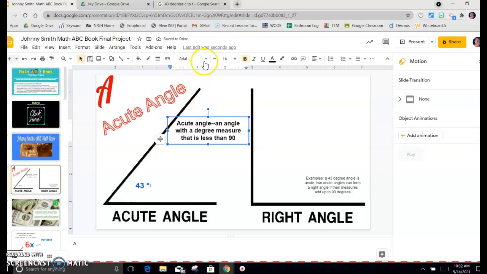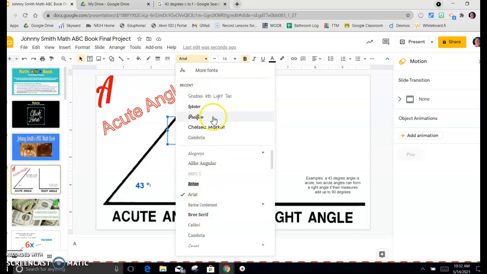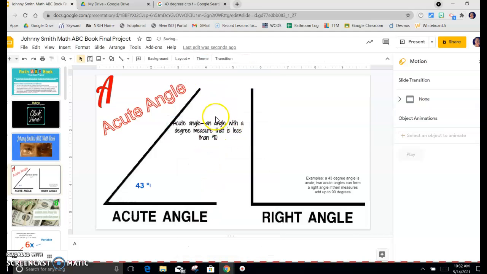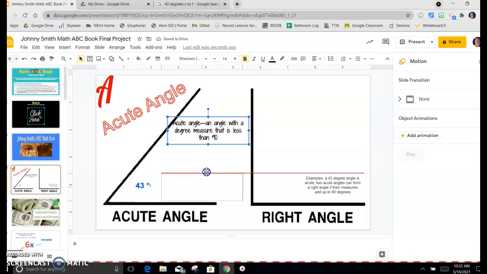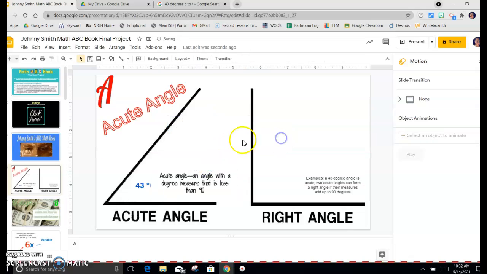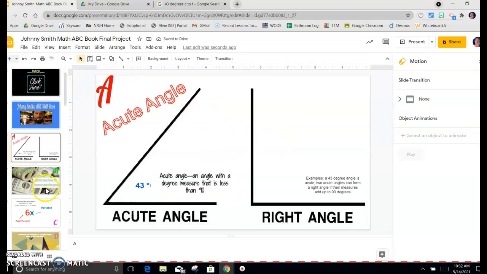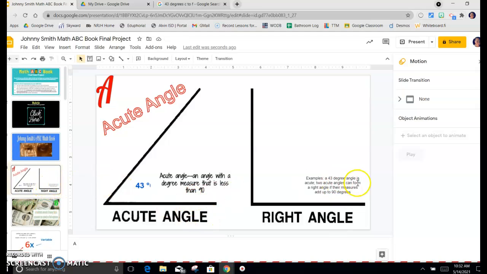Can I put the formula, something you use to solve an equation? Boom. Acute angle. Okay, I got an example, the definition, a visual example, a picture, the word, and my giant letter.